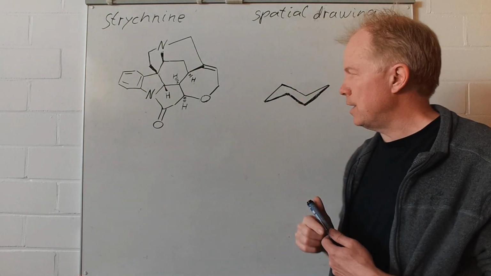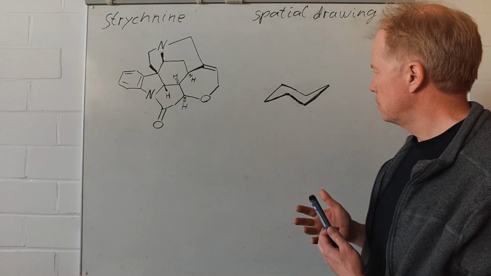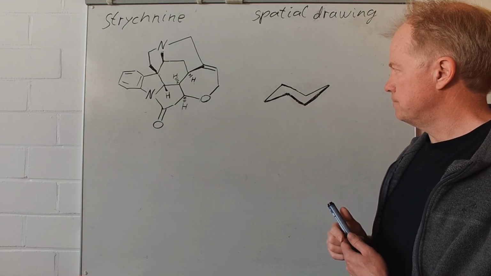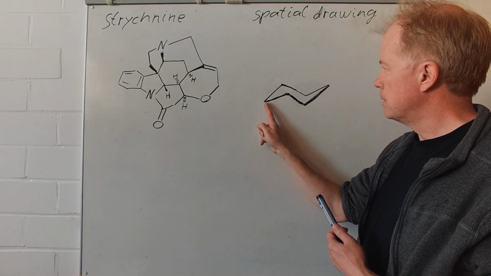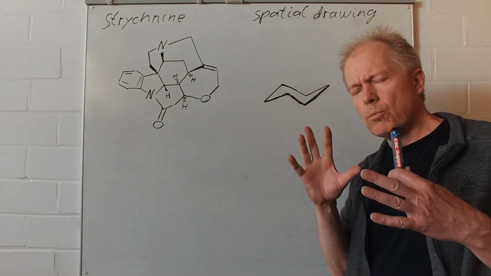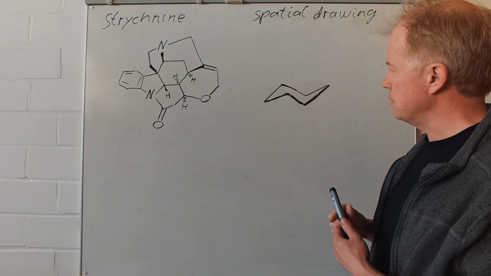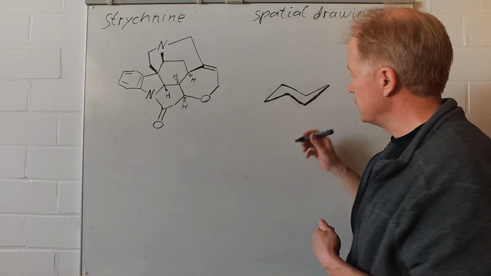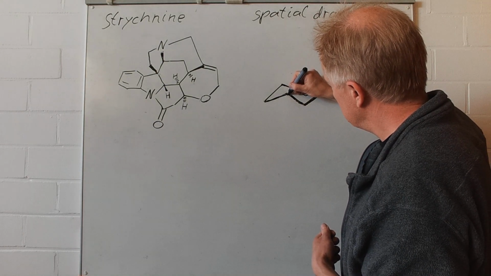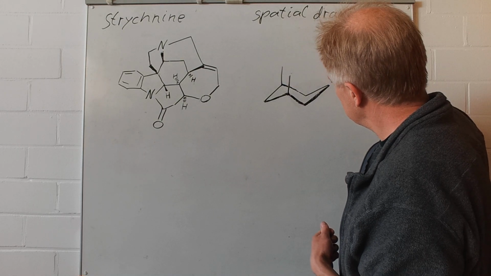Therefore, we will start with a cyclohexane in the typical chair conformation. These lines are drawn more bold to symbolize that they are in front. And now we can already add axial substituents.